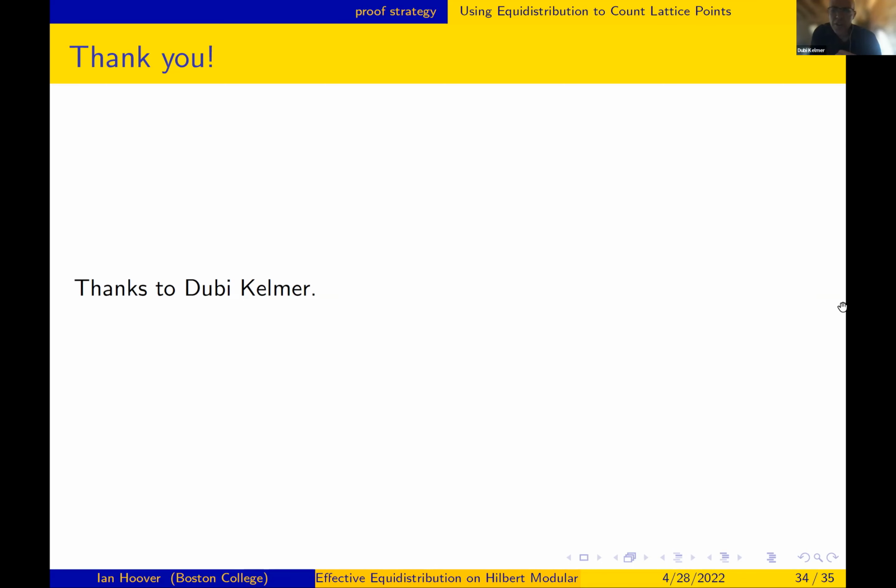I have a question that you stated, but I just want to make sure that I understand. If one of the two shearing parameters is actually 0 in the two-dimensional case, if one shearing parameter is 0 and the other one goes to infinity, then the method doesn't even give equidistribution? Yes, if one of them stays at 0. And this is definitely something for further work.